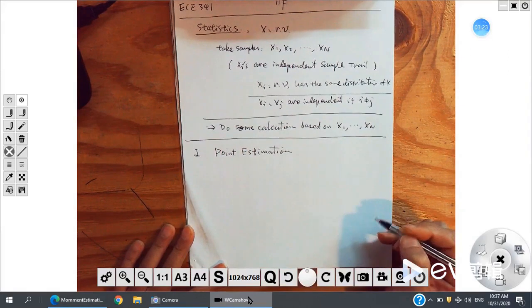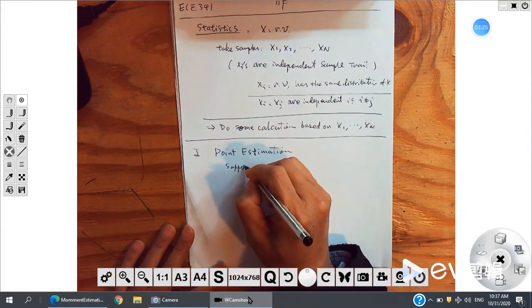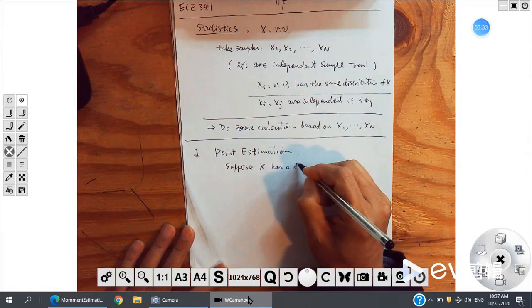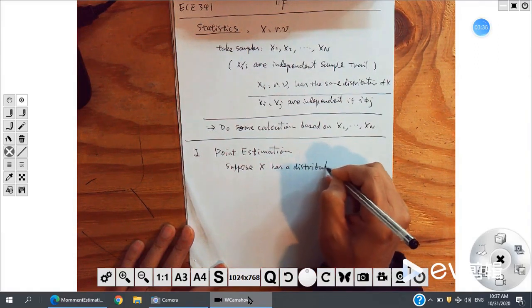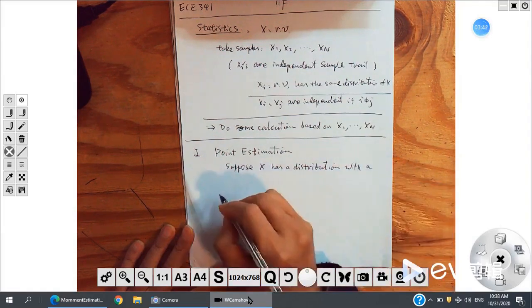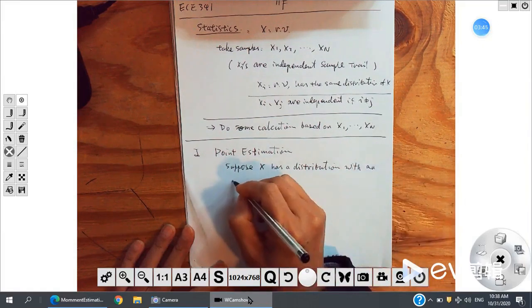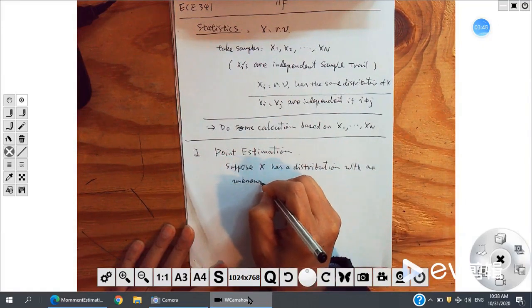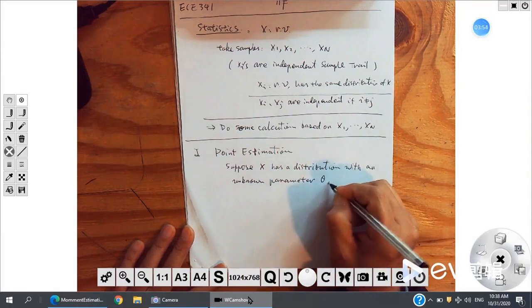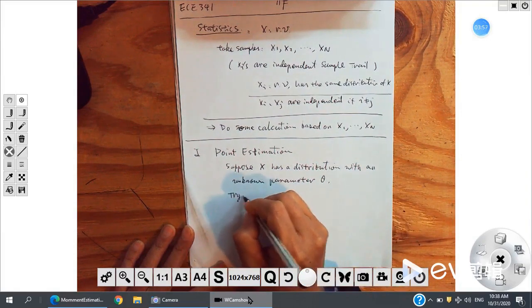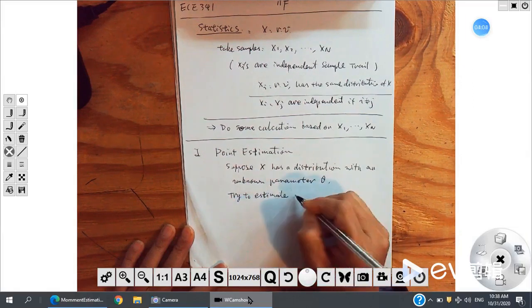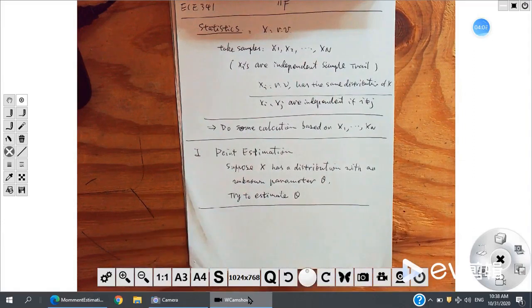The problem is, suppose x has a distribution with an unknown parameter like C. Then we will try to estimate C. Yeah, the problem is just like this.